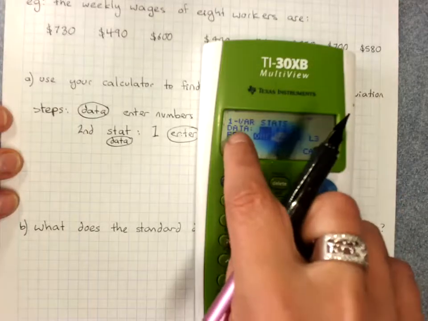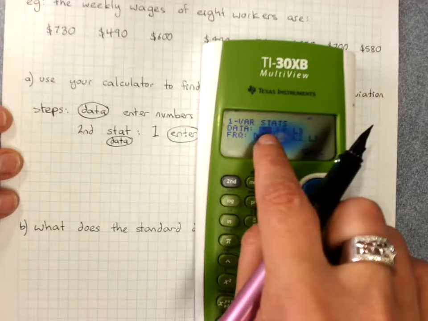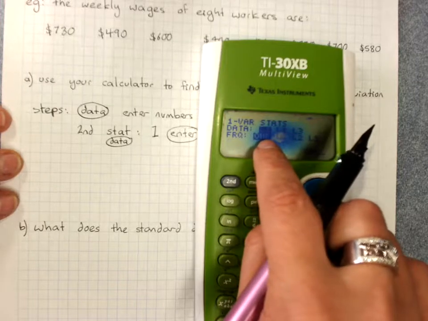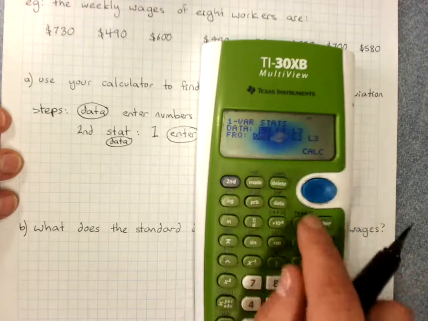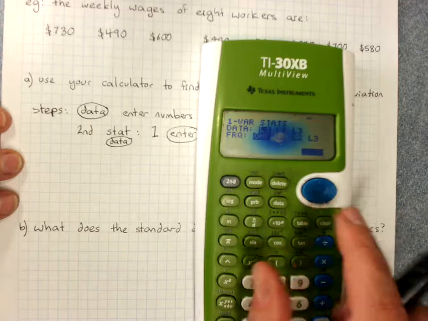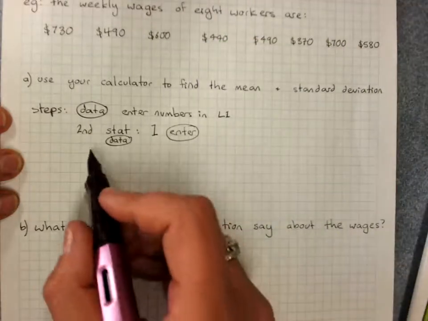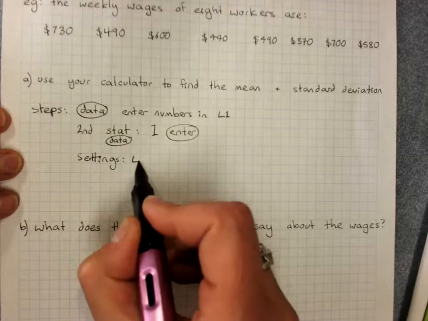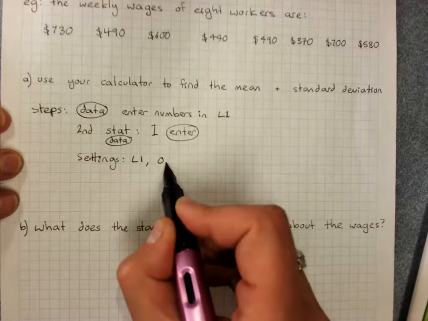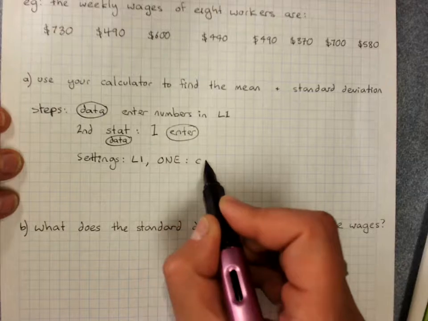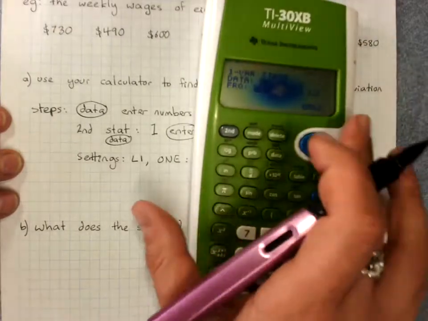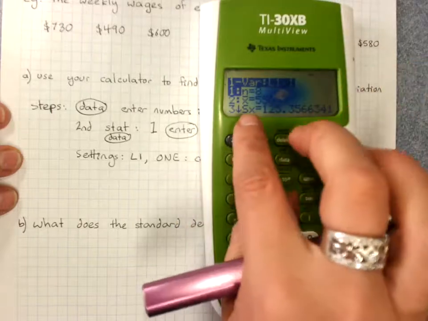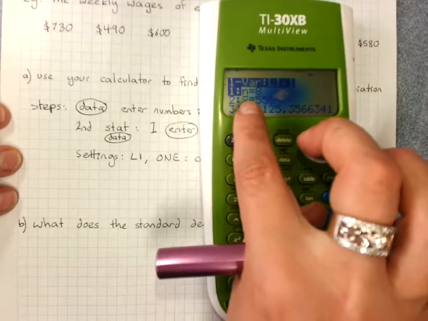And you put your data in L1, list 1, so you're saying that one. Frequency is just saying 1, so both of those stay like that. Move down and calc. Enter on calculate, and it tells us a bunch of stuff about our data.